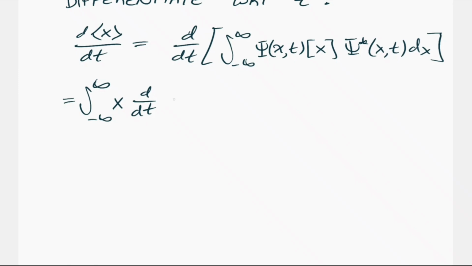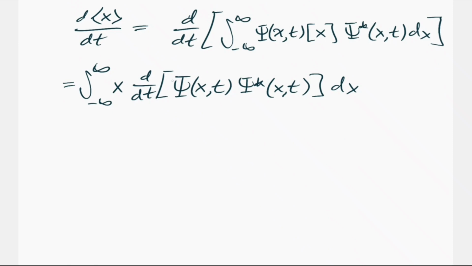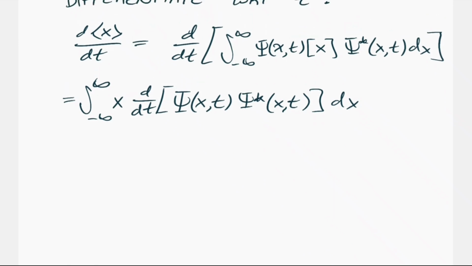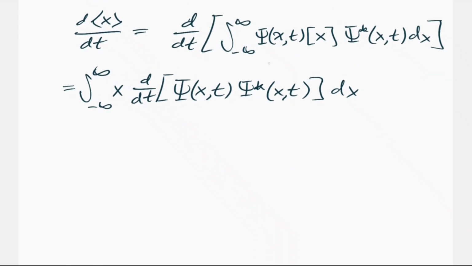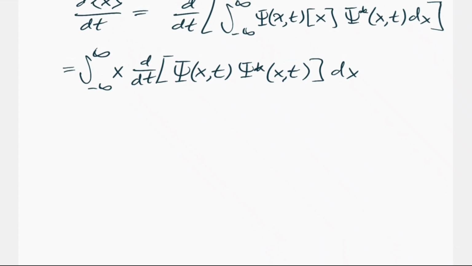So we're going to take the d/dt inside, and do d/dt of psi(x,t) psi star(x,t), and then dx. Once again, we brought it inside because nothing else in the integral is a function of t. The only things with respect to t are those two wave functions. So we're going to bring the d/dt inside and do that derivative in there.